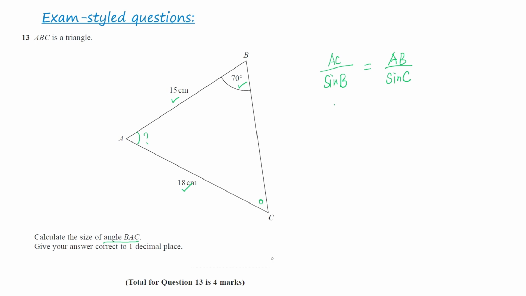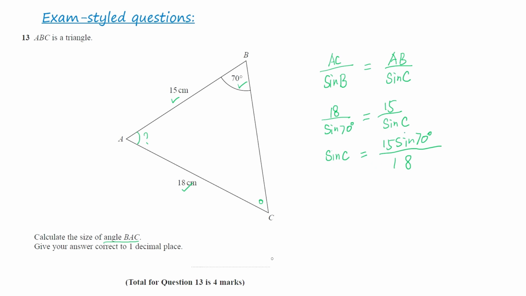So 18 divided by sine 70 degrees equals 15 divided by sine C. So sine C equals 15 sine 70 divided by 18.